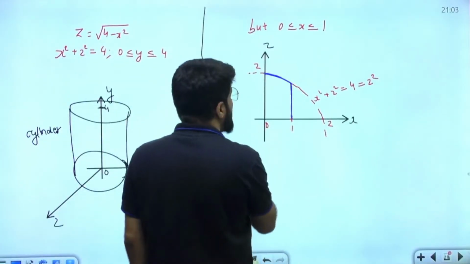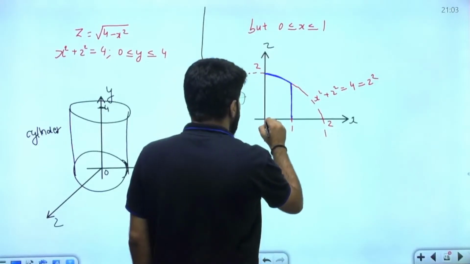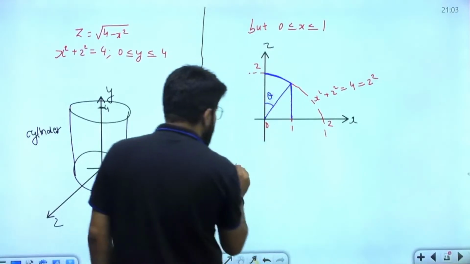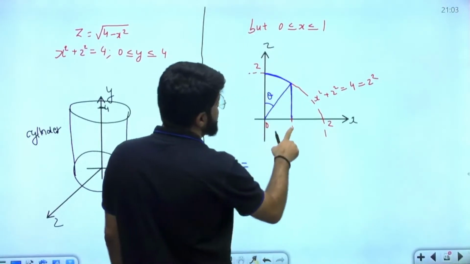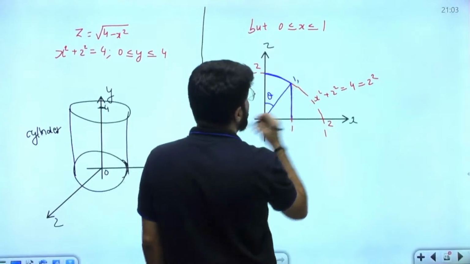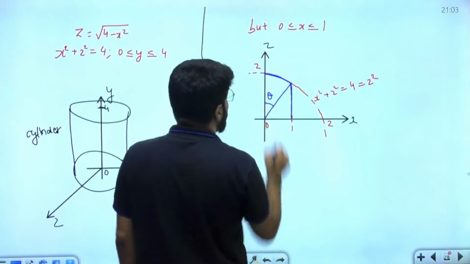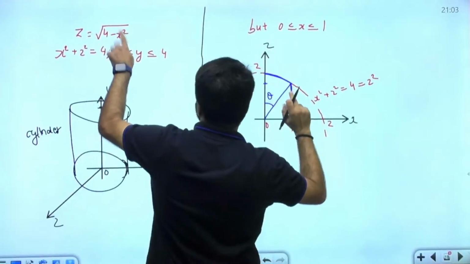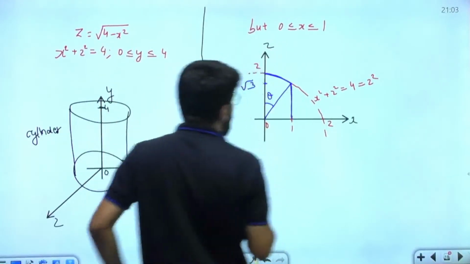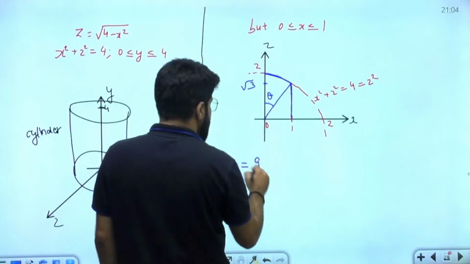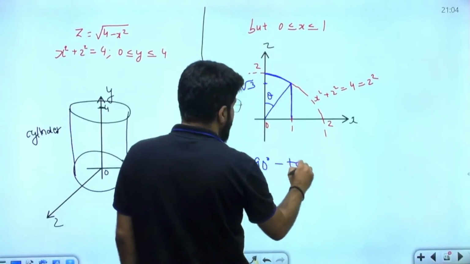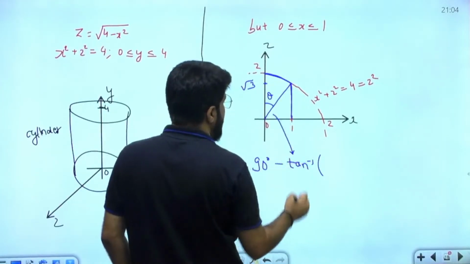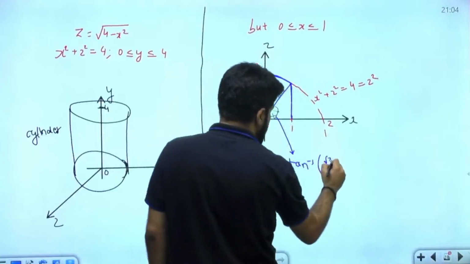To see what the percentage is, let me take this particular angle theta. If this is x equal to 1, what will z be here? Z is equal to under root of 4 minus 1 square, that is root 3. So this angle is easy to calculate: tan inverse of height upon base, root 3 upon 1.